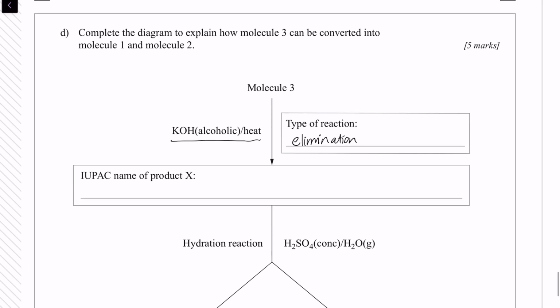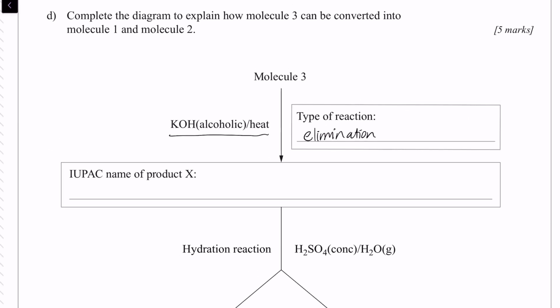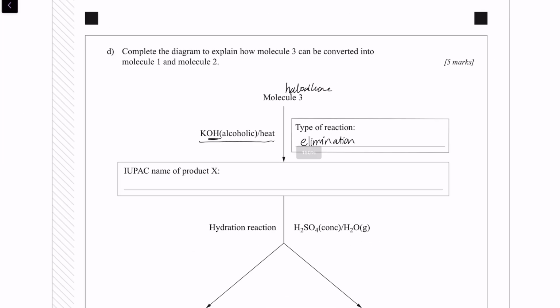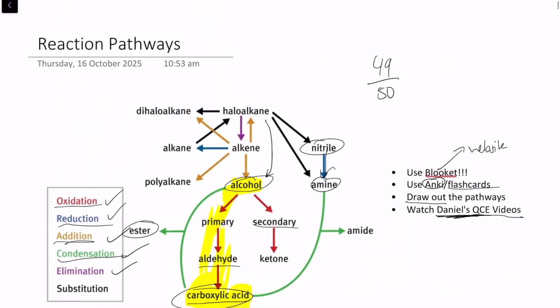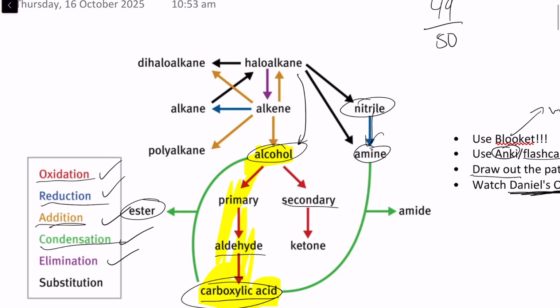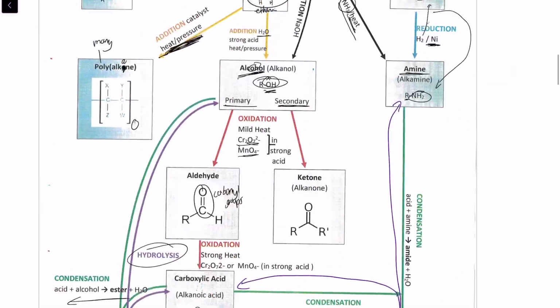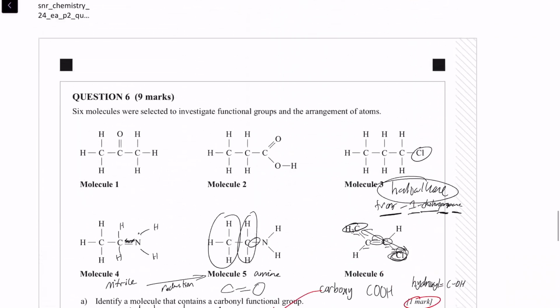Okay, so remember, if we have a haloalkane and we add an alcoholic compound, this would be potassium hydroxide or sodium hydroxide, at heat, then that's an elimination reaction. Okay, and then that's going to produce an alkene. Okay, so haloalkane to alkene is an elimination reaction, that purple one there.